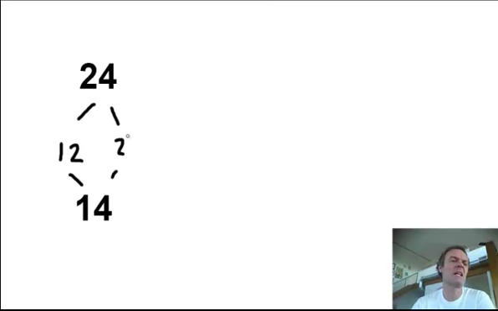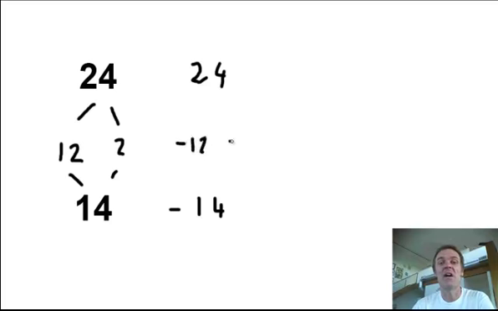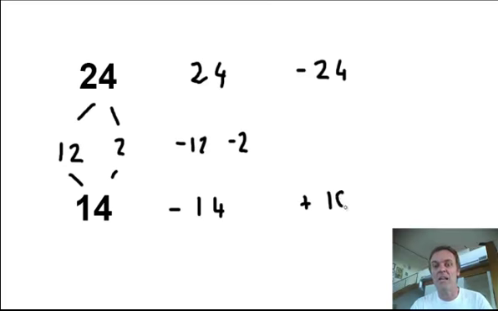Great, but be careful. Supposing I'd said 24 when you multiply, but negative 14 when you add. Well, can you see that would be negative 12 and negative 2? So those are the two numbers that make negative 14 when you add, but still positive 24 when you multiply. And keep on going. How about negative 24 when you multiply, but positive 10 when you add?